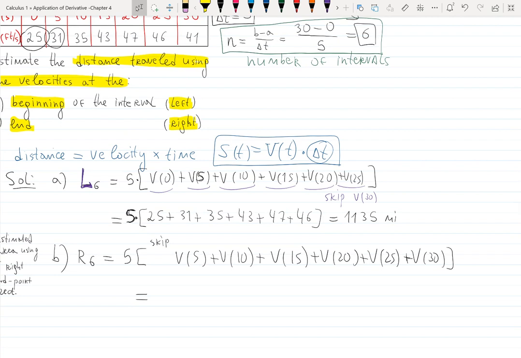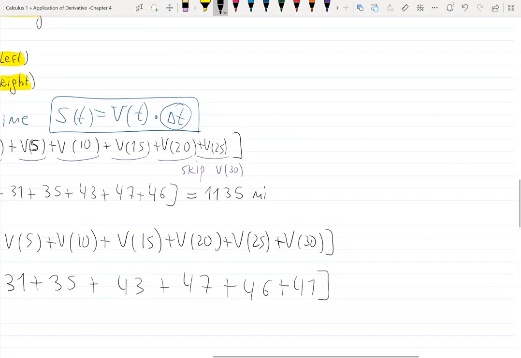I'm skipping 25, so I'll have 5 factored out, and then I start with 31 plus 35 plus 43 plus 47 plus 46 plus 41 at the end. That gives me the approximation 1,215 miles. So that's the approximate distance this motorcycle traveled with the given data.